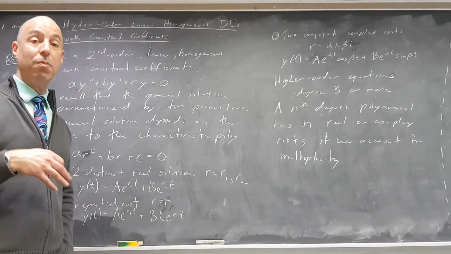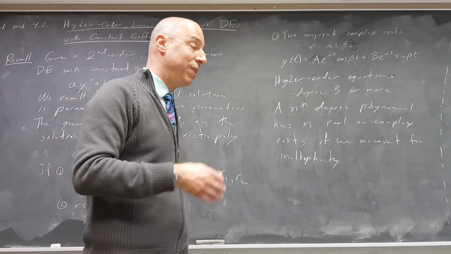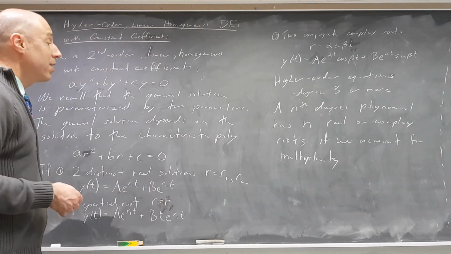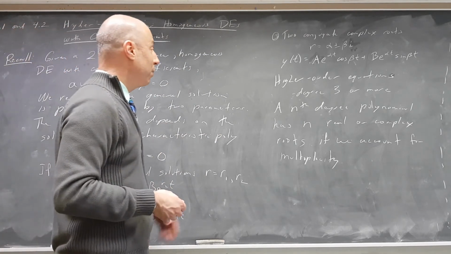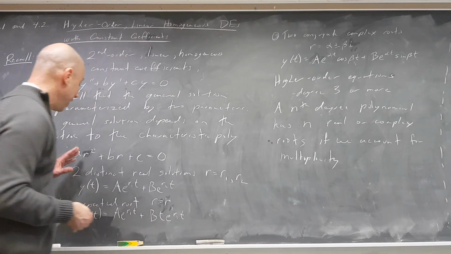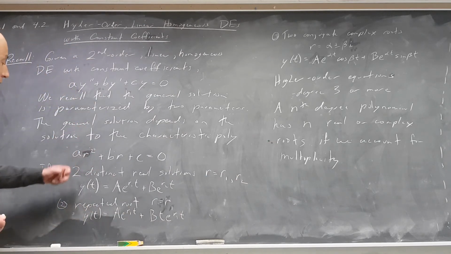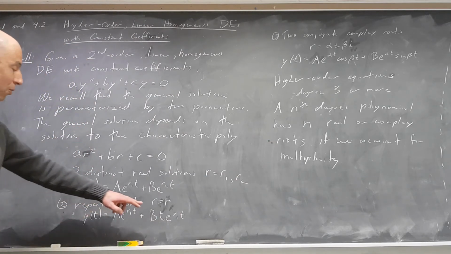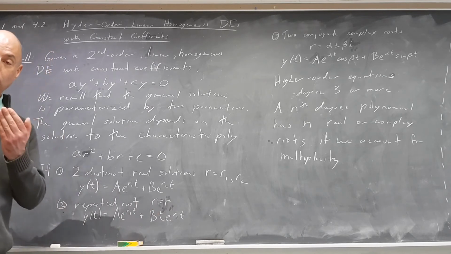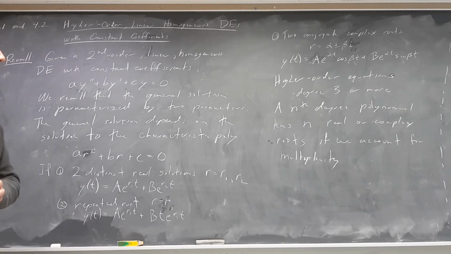So a root could appear multiple times, in which case it would count as many times as it occurs, then we have n real or complex roots, just like a second degree polynomial has 2 roots. So even in case 2, where it seems like we have only 1 real root, that root is repeated twice, so it counts twice.